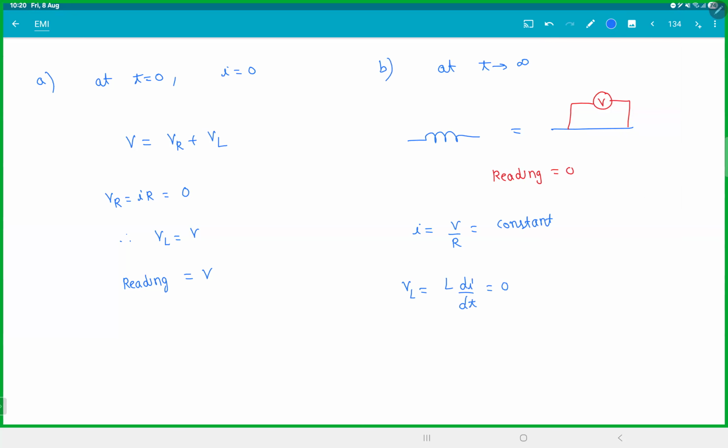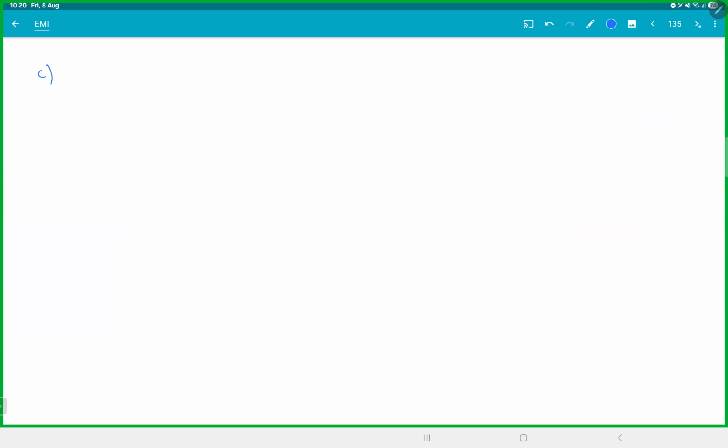And something interesting happens with the third one. In the third one, after a long time, the current has become V by R. Now you open the switch suddenly. Current becomes suddenly 0.